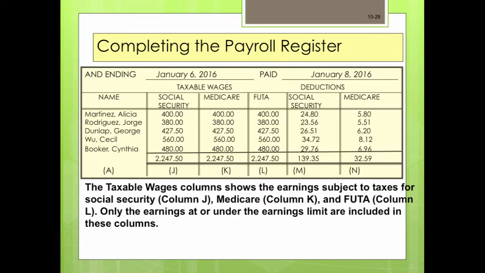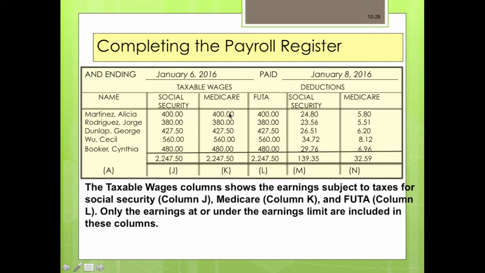And this is how you complete the payroll register. Basically, we have Alicia Martinez's Social Security taxable wages. We have it at $400 for Alicia, and her wages subject to Medicare are also $400.